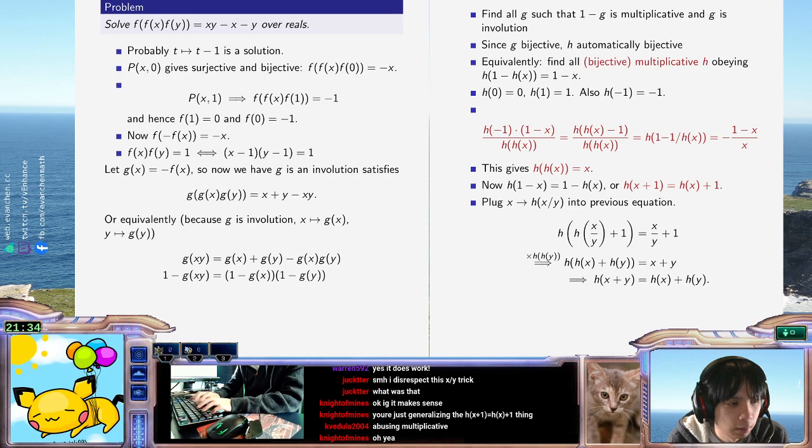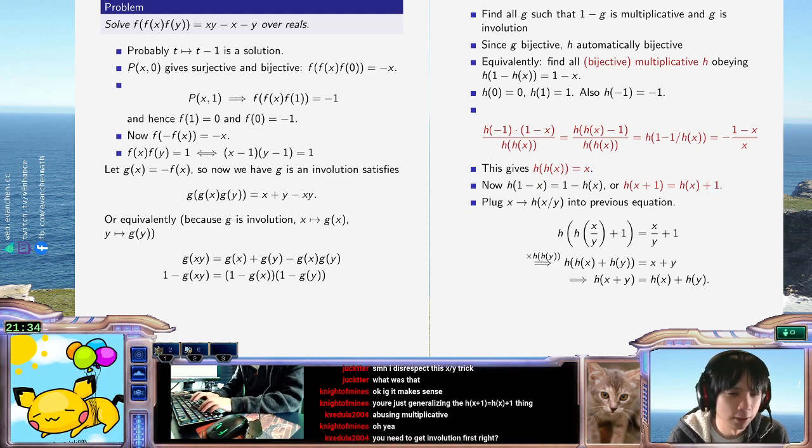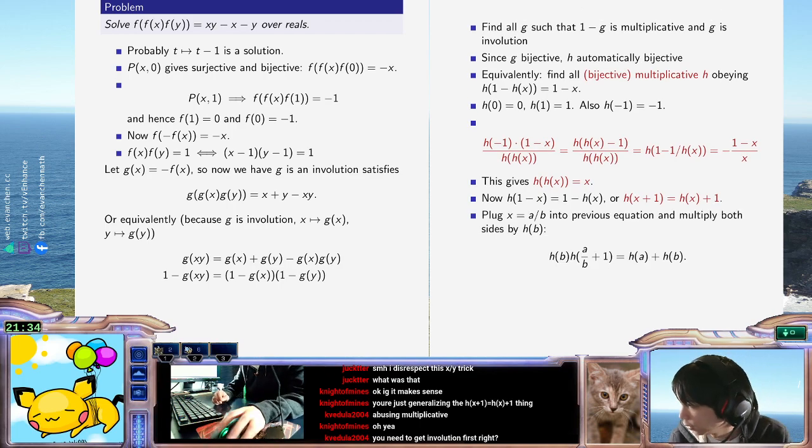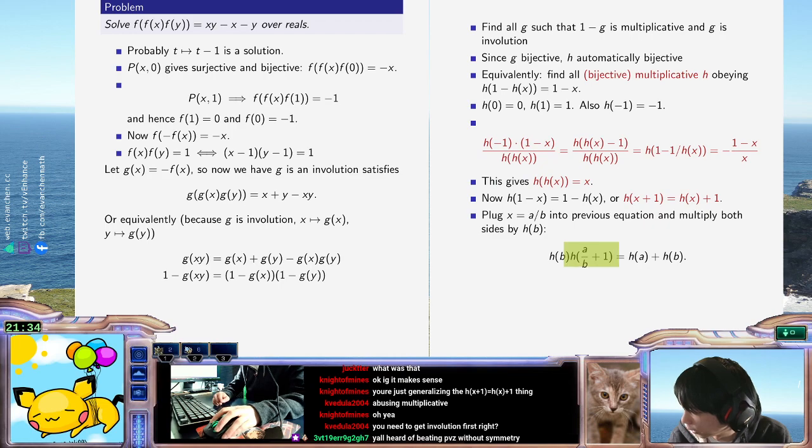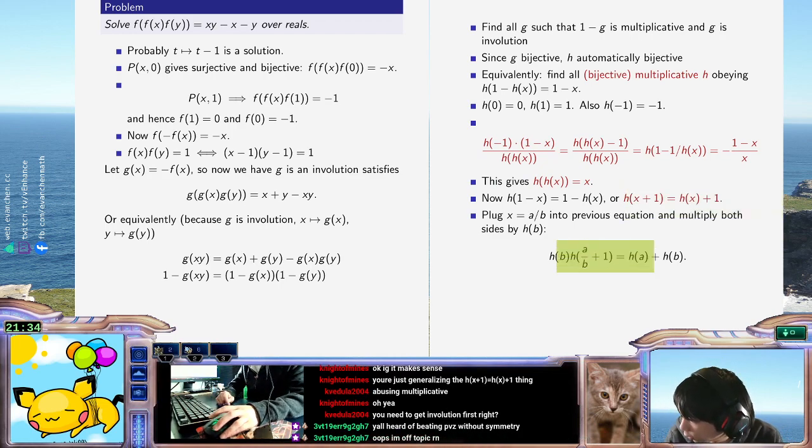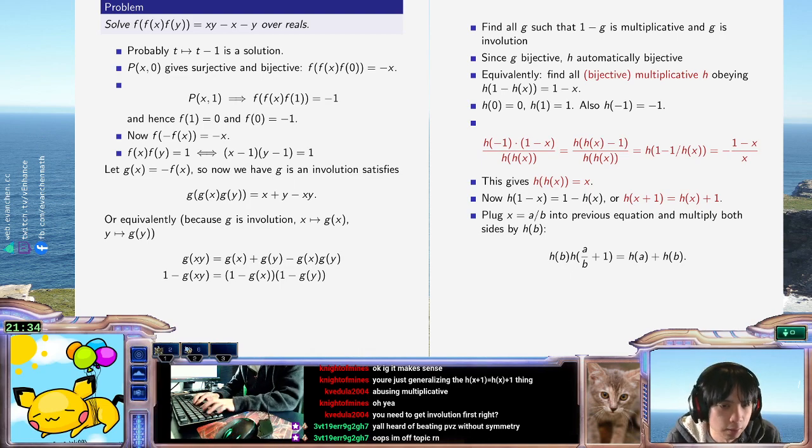I think it got confusing because we did two substitutions that canceled each other out. You need involution first, but once you're there, you also have this. So then we're here, and this left-hand side happens to equal h of a plus b.